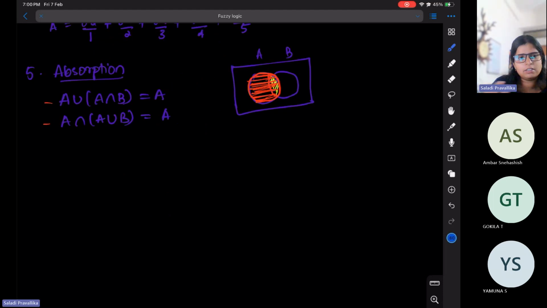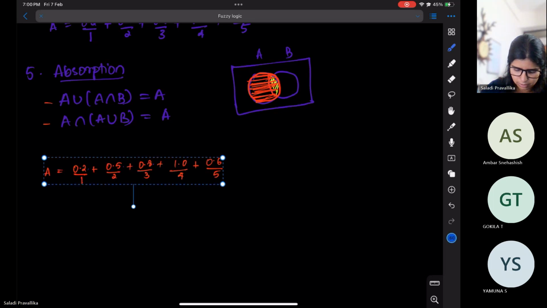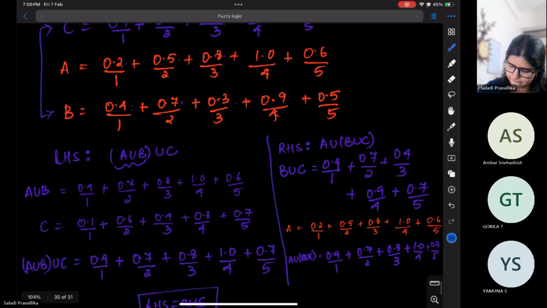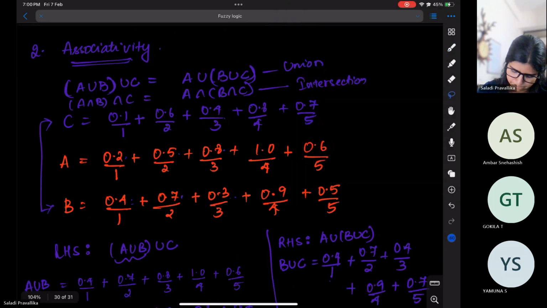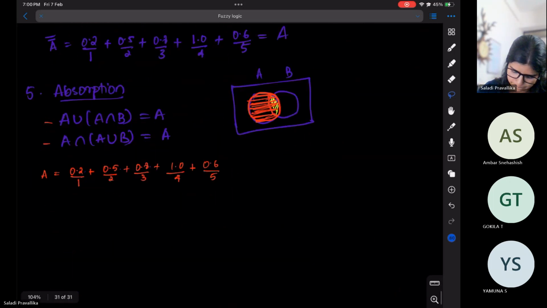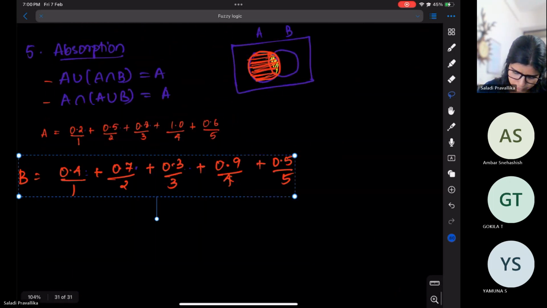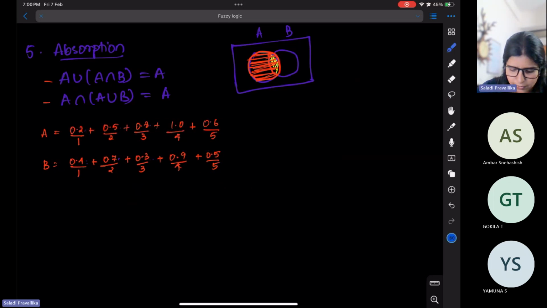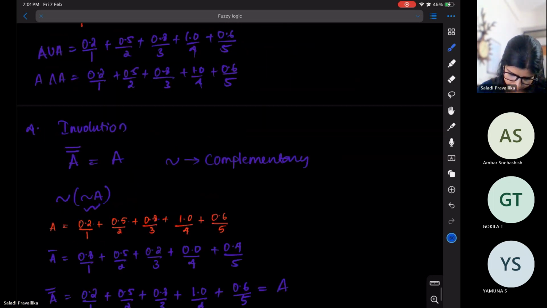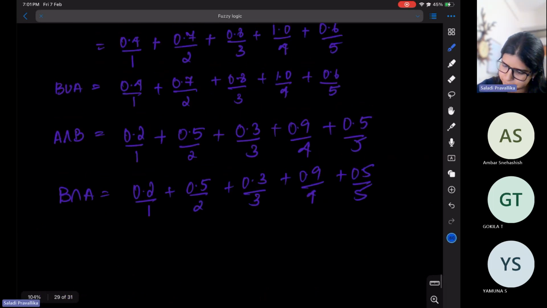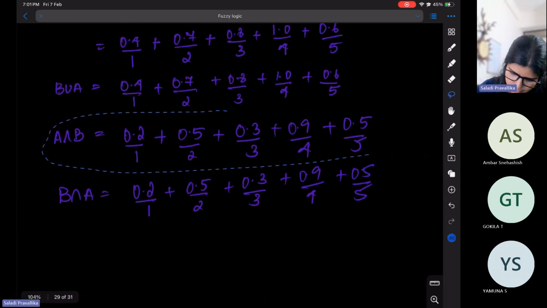Okay, so let us try the same thing for fuzzy sets A and B. I am going to solve the first one. Okay, let us take A intersection B. Did we do A intersection B? Yeah. So we have A intersection B here.